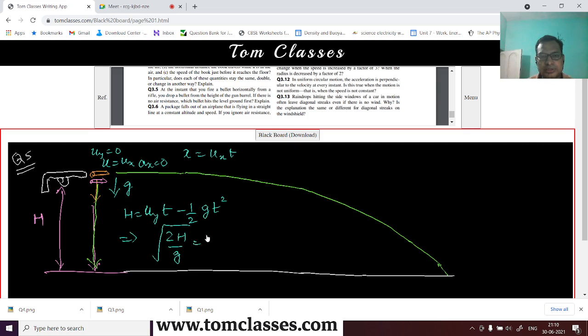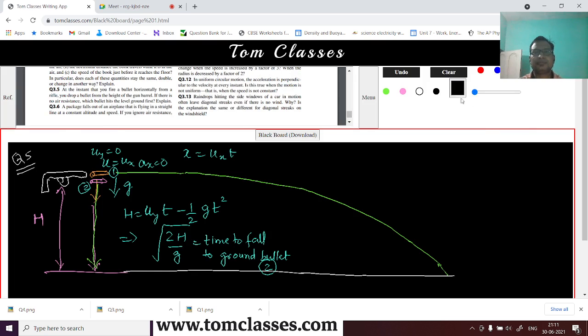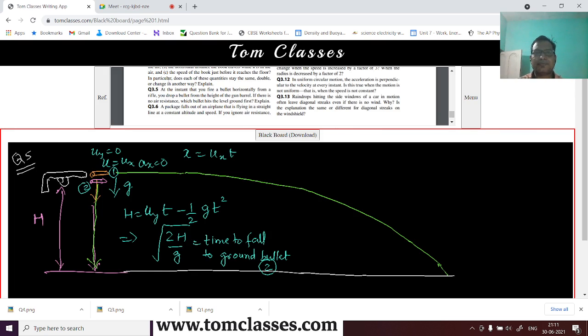This is the time to fall to ground. You can say this is bullet number 2 and this is bullet number 1, right? Yes, for bullet 2 this will be the time to fall to the ground. Is that okay?